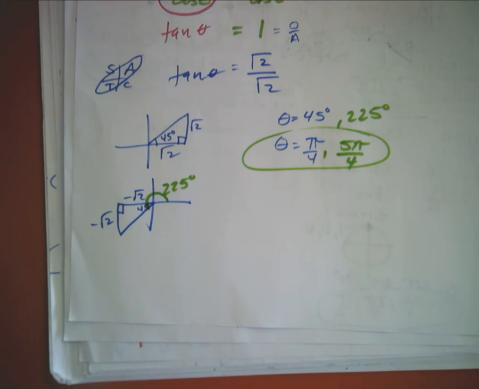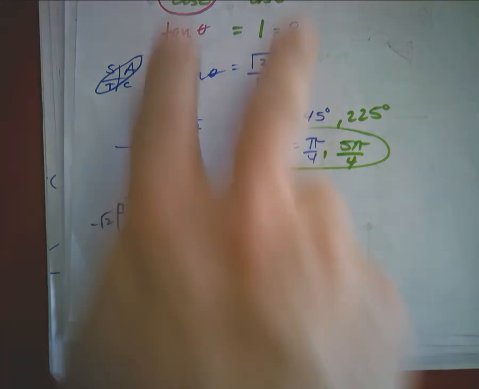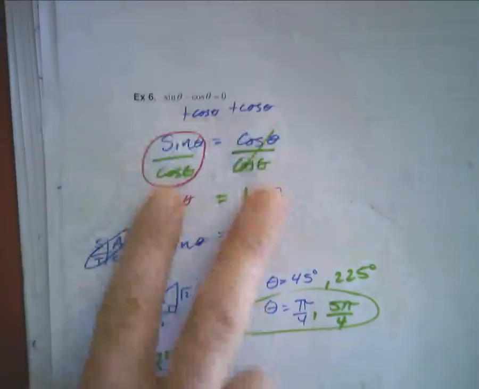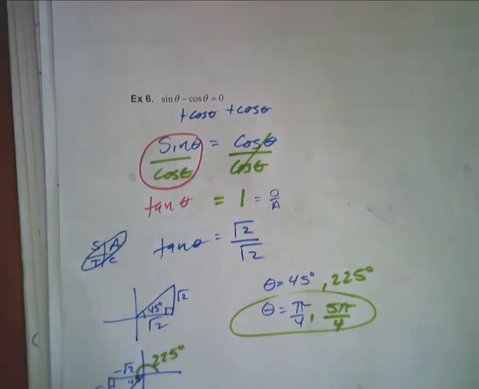Always the odd pi's. 1, 3, 5, and 7. So that one's done. That's an example of where we have a linear sine and cosine. Do what I think Raman suggested, get sine equal to cosine, and then you can divide it over and solve it.